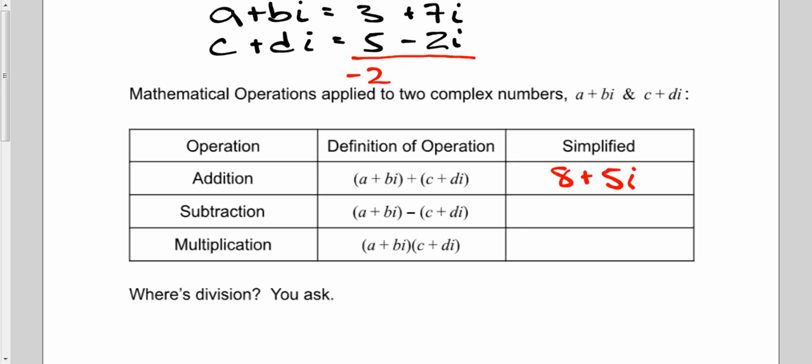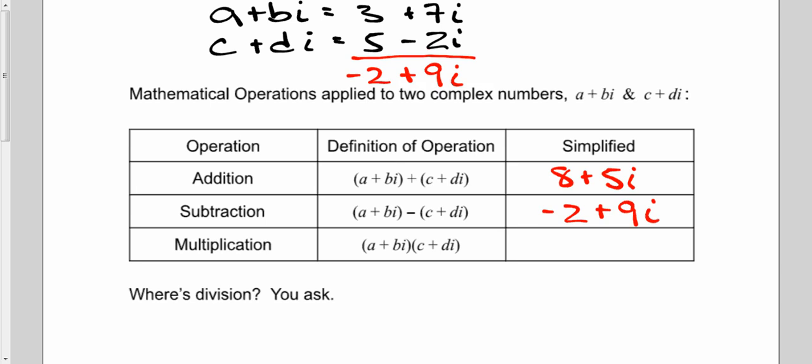I can manage that. Subtracting a negative is like adding a positive, right? So it's actually 7 plus 2, which is 9. Okay? So this is -2 plus 9i.